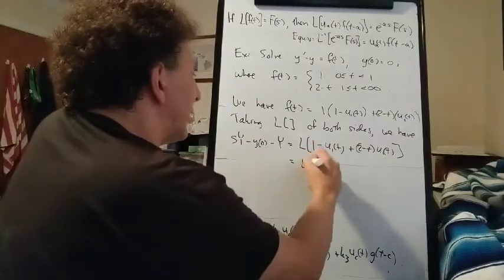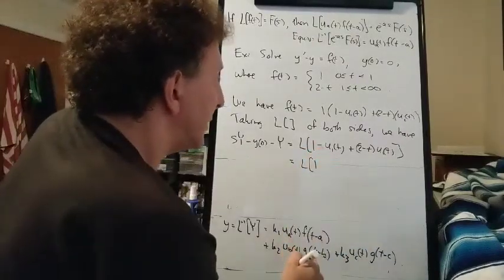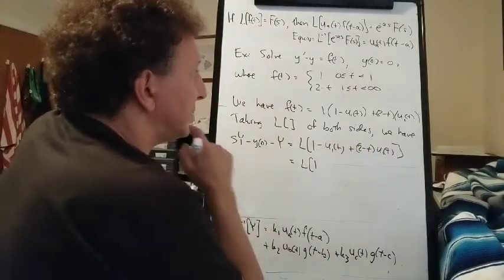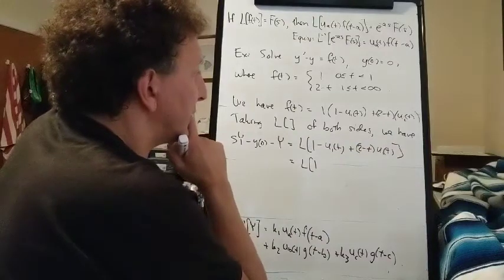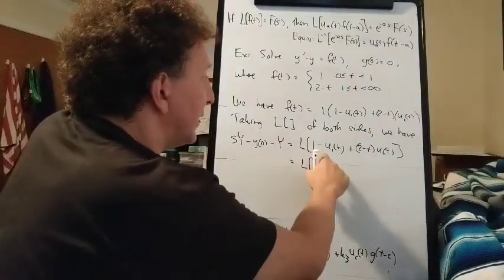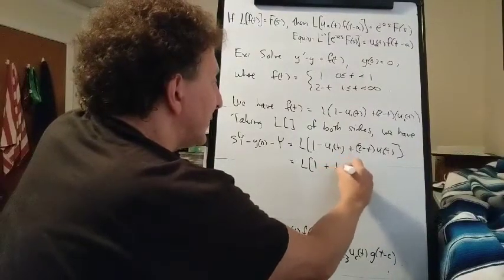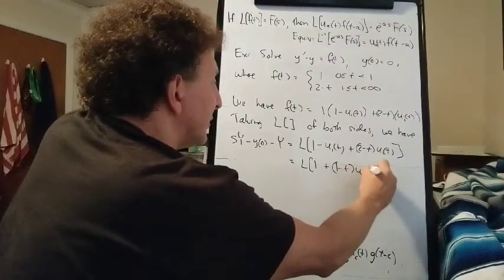So that equals L of 1 minus 1 u1 of t plus 2 minus t u1 of t. So minus 1 plus 2 is 1. 1 minus t u1 of t.